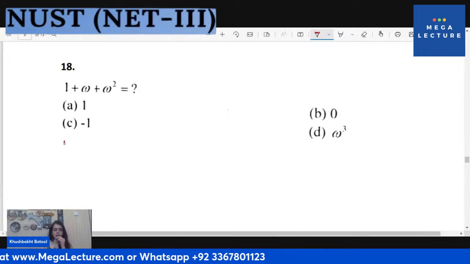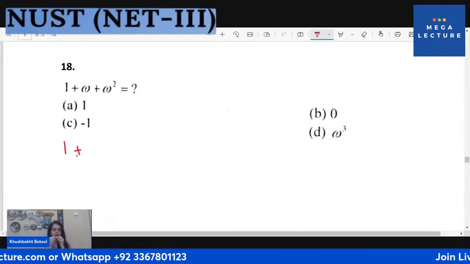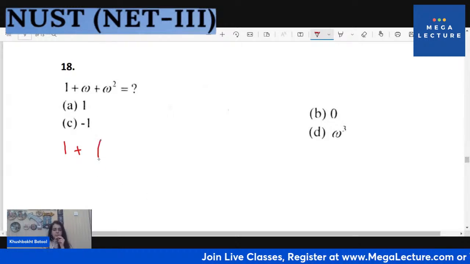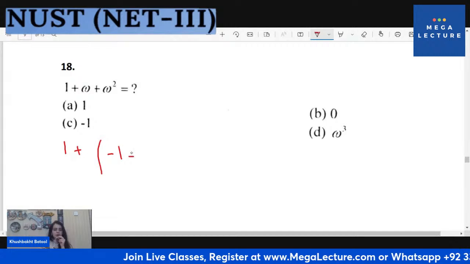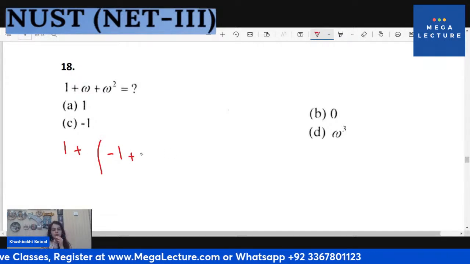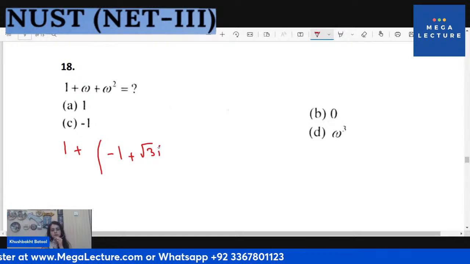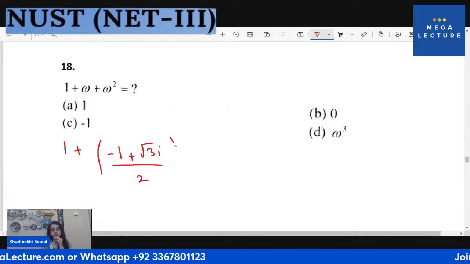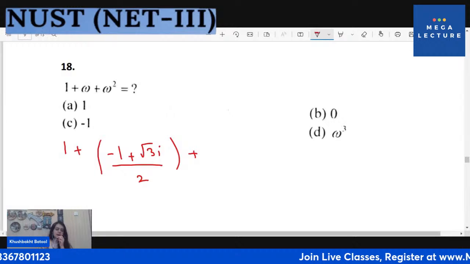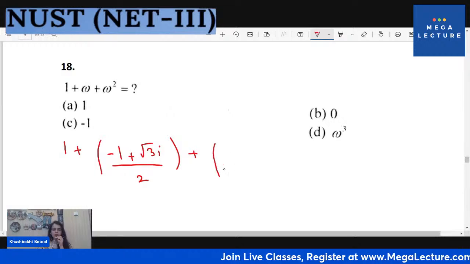It is 1 plus omega, and I've just told you what omega is: minus 1 plus root 3 iota by 2. And when you do omega squared, you're basically squaring this, but we would not be doing it this way. I'll just write the answer directly.